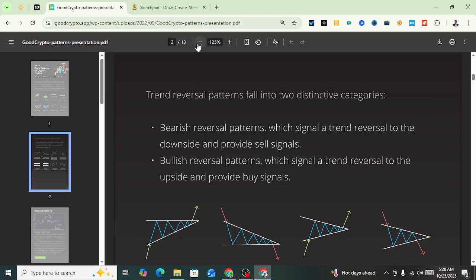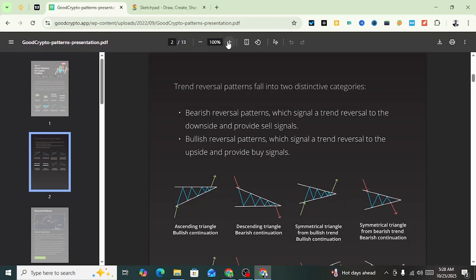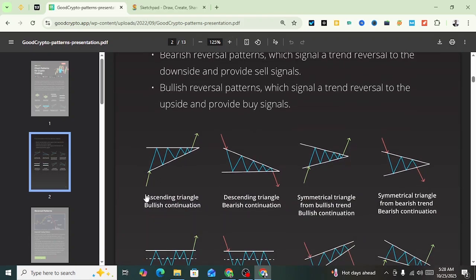If the market is going from down to up, this is called the extending triangle, bullish continuation. That means when the market is going up, it follows this pattern. And this is the opposite of that: the triangle, bearish continuation.